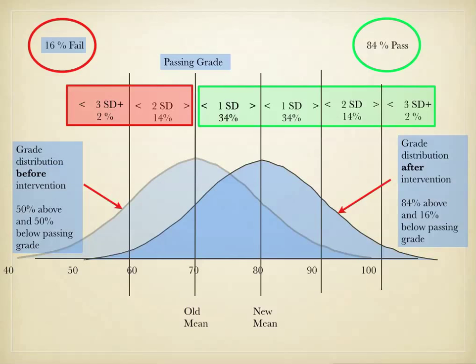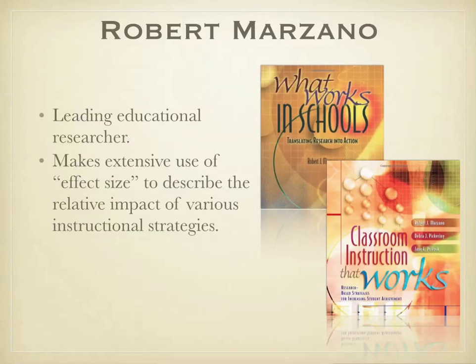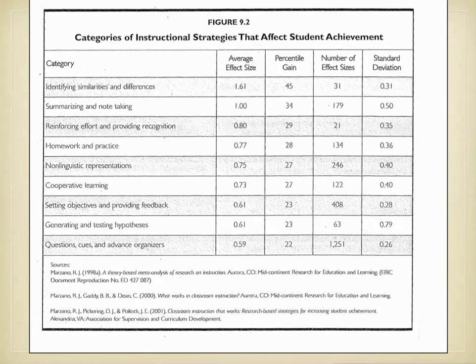Now, John Marzano is a rather well-known educational researcher. You probably will have, if not read, at least seen some of his work, and he's famous for researching these nine instructional strategies.